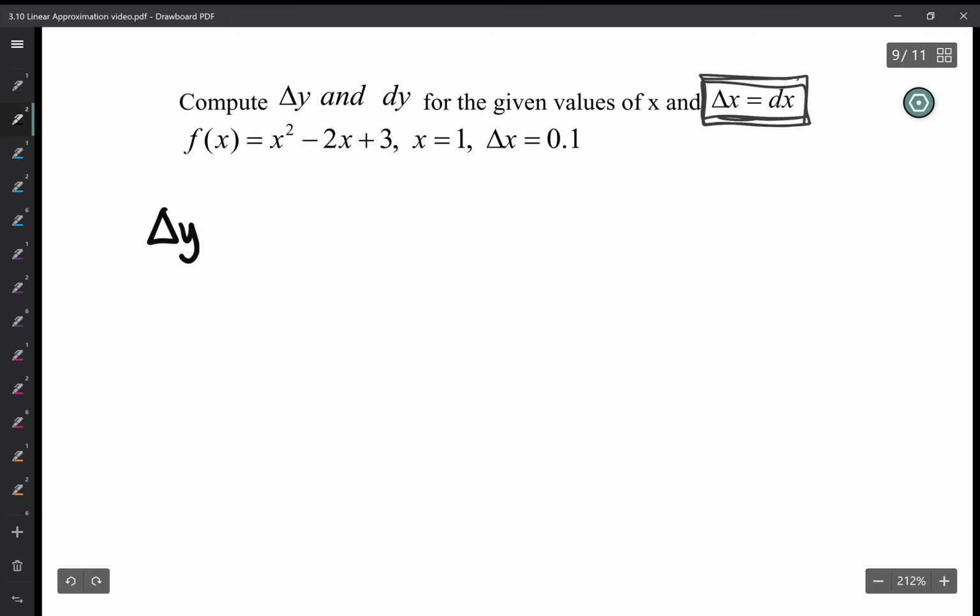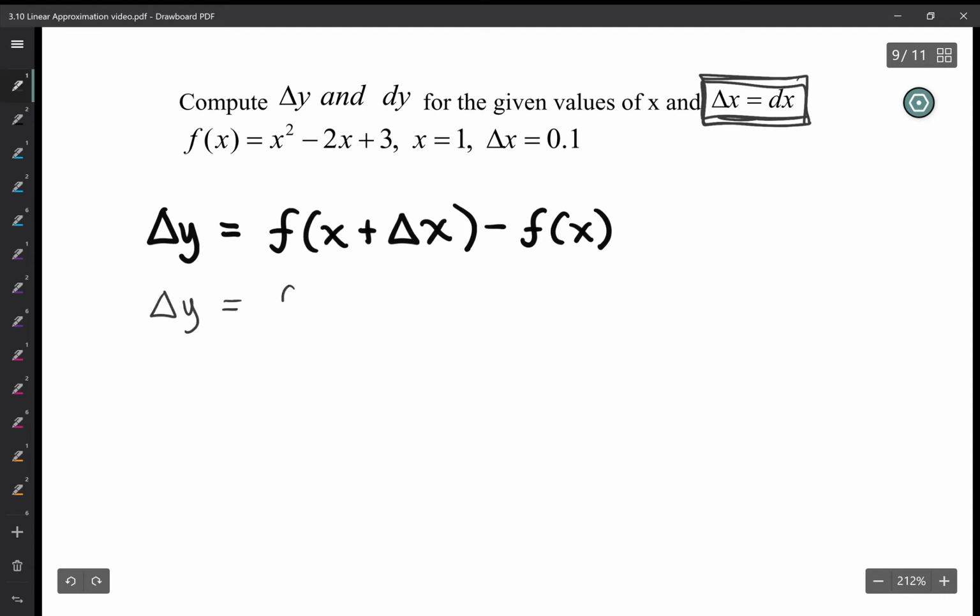We have that delta y is equal to f of x plus delta x minus f of x. So delta y is equal to f of the quantity 1 plus 0.1 coming from the given values minus f of 1.